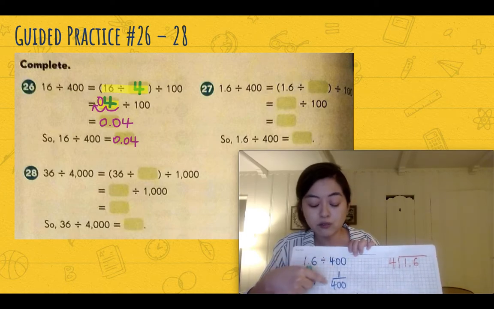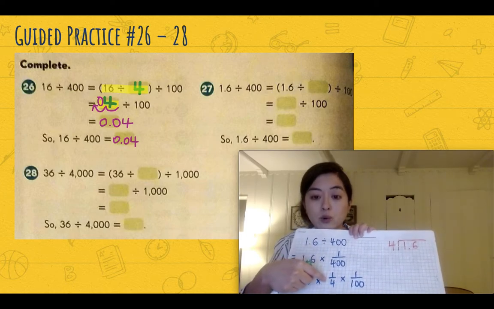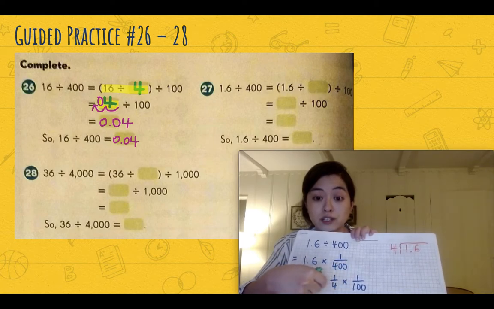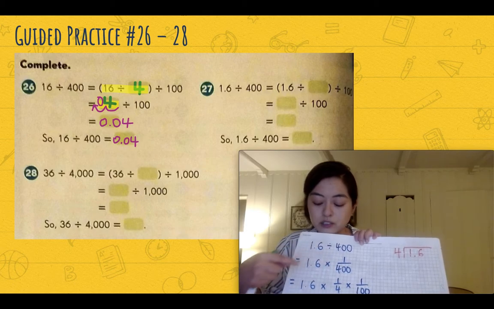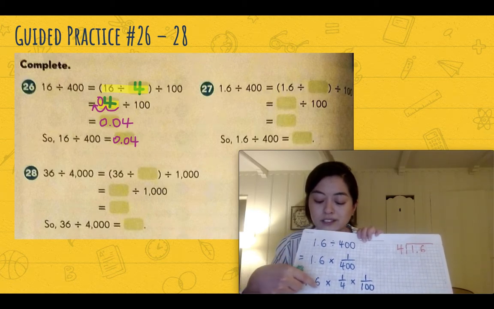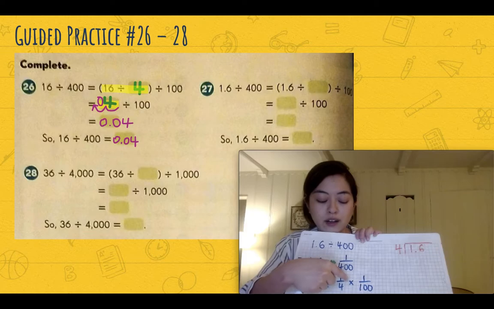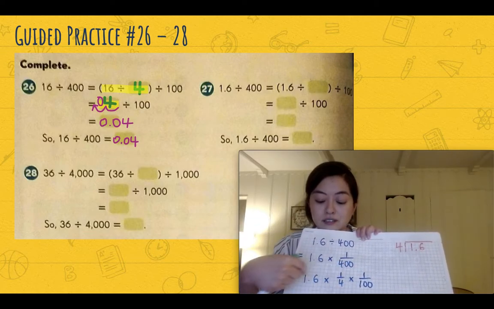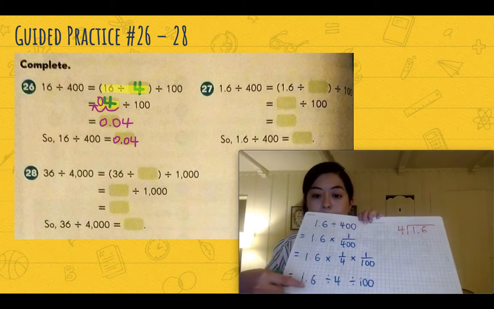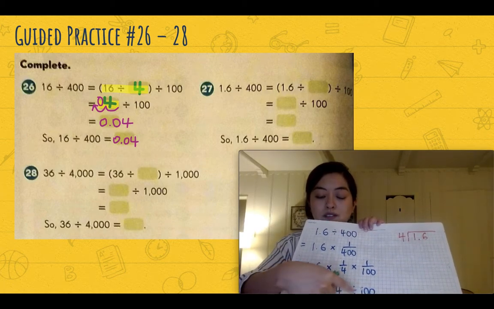So 1 400ths becomes 1/4 times 1 100th. So 1.6 times the reciprocal of 400 is the same thing as saying 1.6 times the reciprocal of 4 times the reciprocal of 100. And I can change this into a division sentence where it's 1.6 divided by 4 divided by 100.